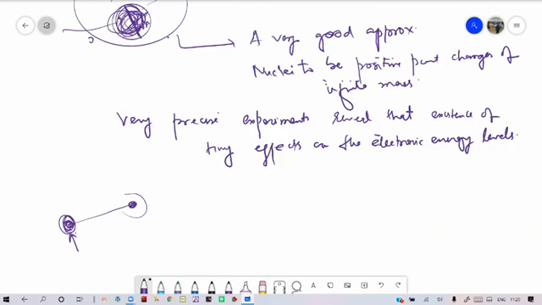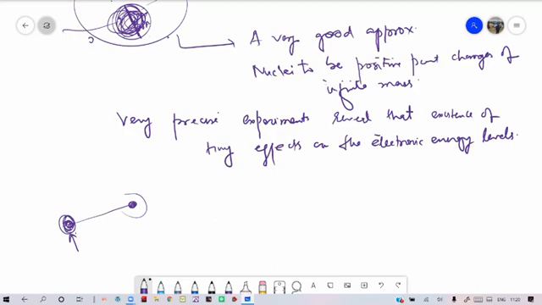When the experiments are done with these types of sources, it has been revealed that there is a change in the electronic energy levels, and that change actually arises because of the field of the nucleus.